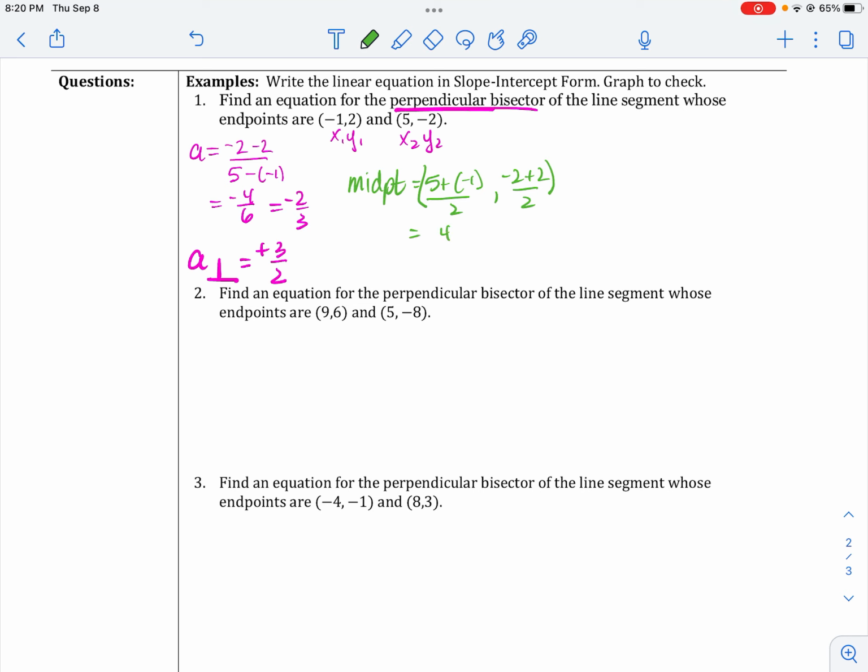That is 4 over 2 and 0 over 2. That is 2, 0. So that's my midpoint. This becomes the new x1, y1. This is the one that we're going to use in our formula, and that's our slope.